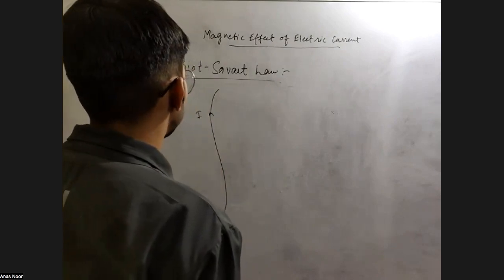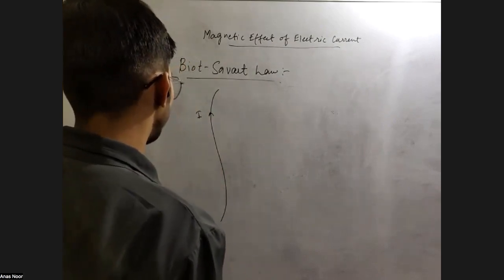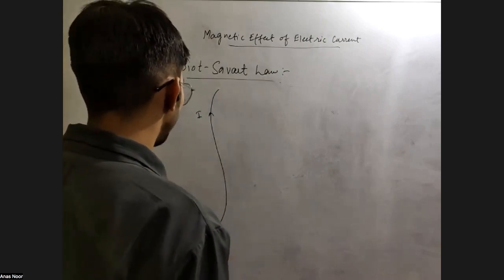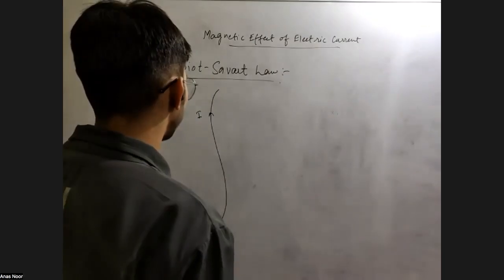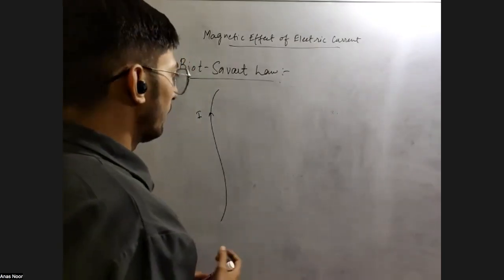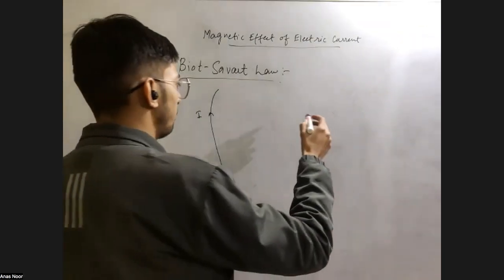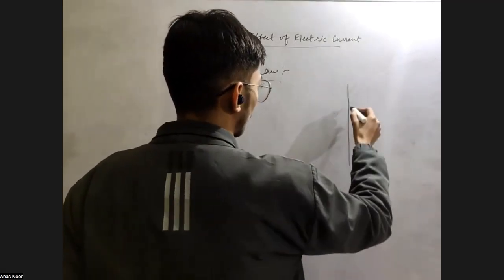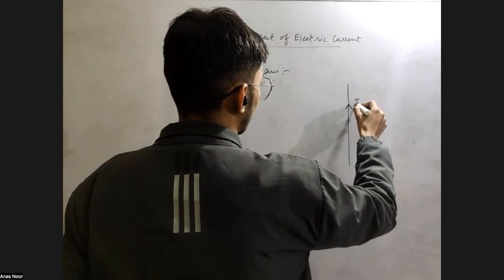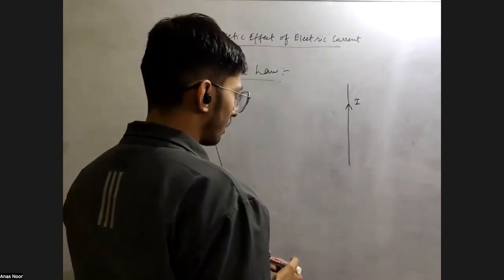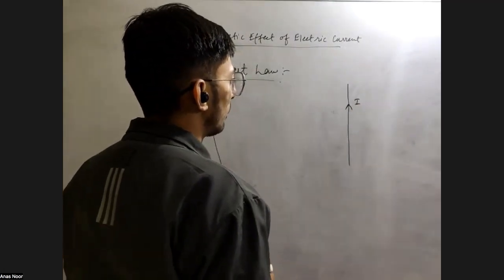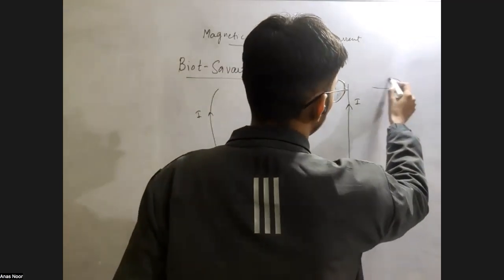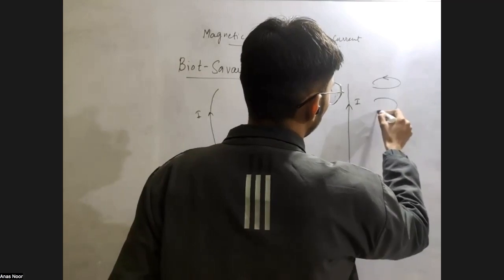Now, from the previous discussions, we know that this wire, when carrying current, will have a magnetic field around it. And there is also a method to know the direction of that magnetic field. Suppose the current is in this direction. So the magnetic field can be either in this way or in this way.